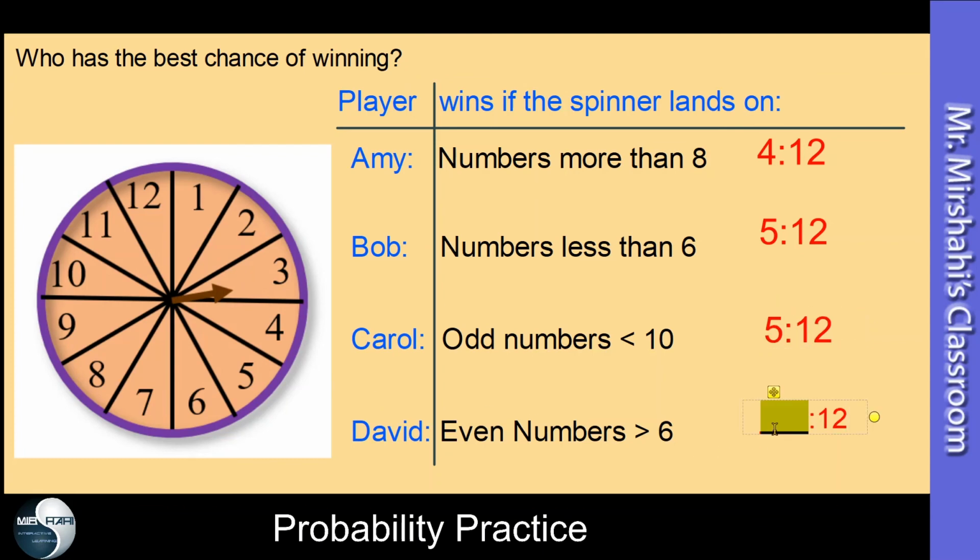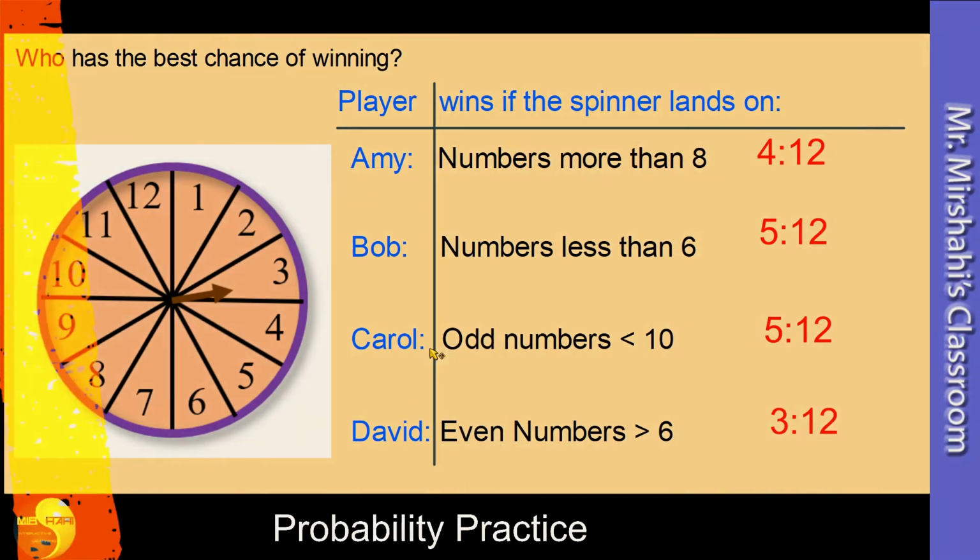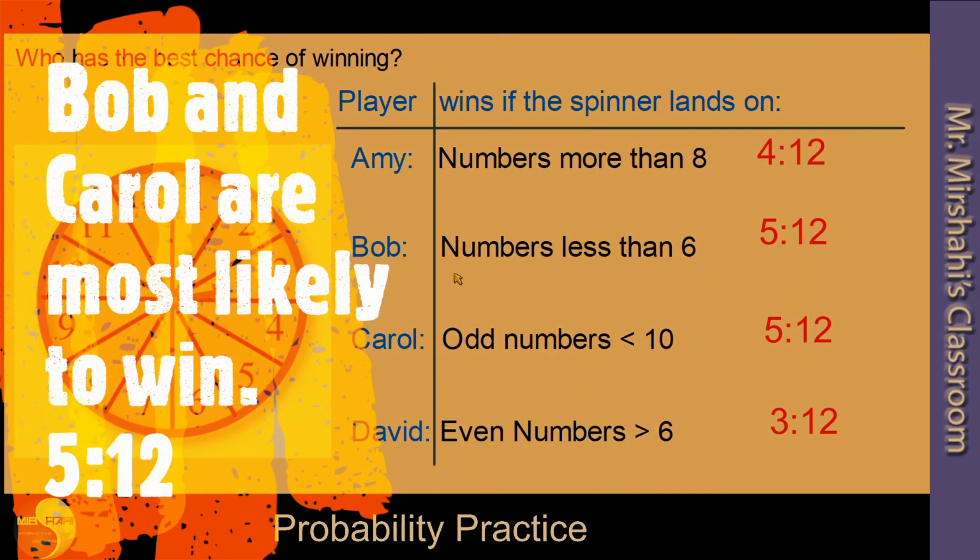And even numbers more than 6. Let's see, 8, 10, and 12. 3. So here we know that Bob and Carol have the same chance, 5 out of 12. They're most likely to win.